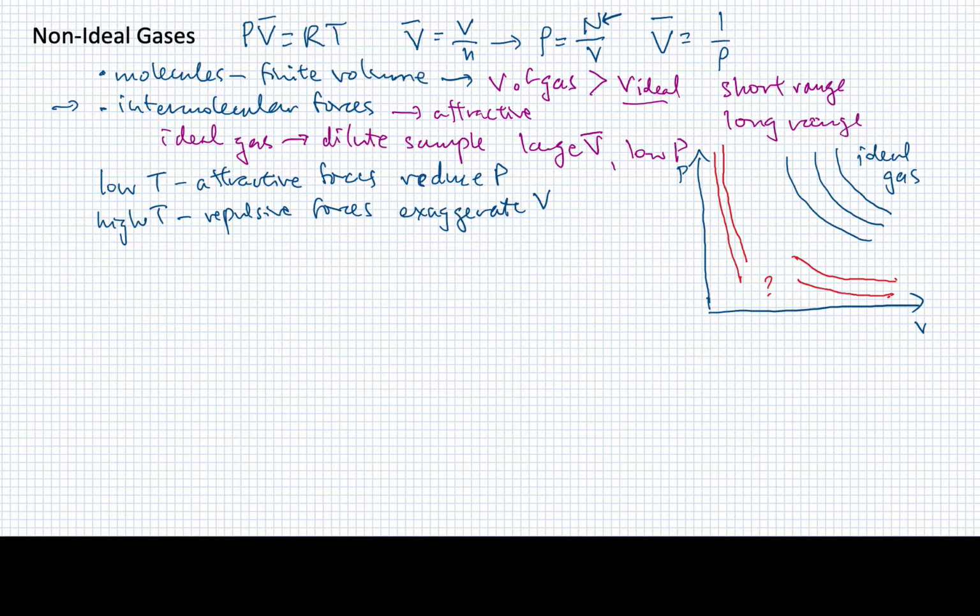Now, the magic of all of this is that there is a special isotherm in the middle here. So what's happening between these two ranges? Well, we see at first that these isotherms come down, they have a little distortion in their curve, but they continue to proceed more or less like the isotherms of an ideal gas. But eventually there will be a special isotherm that comes down and reaches a zero slope.